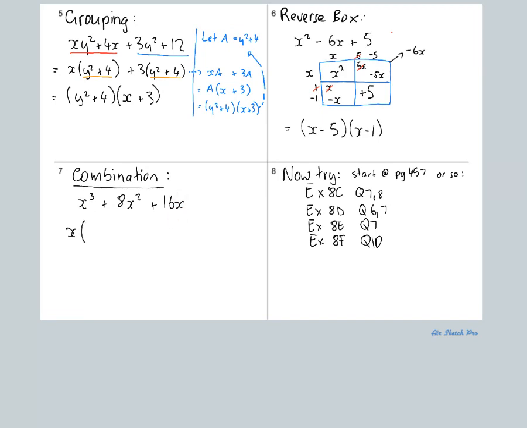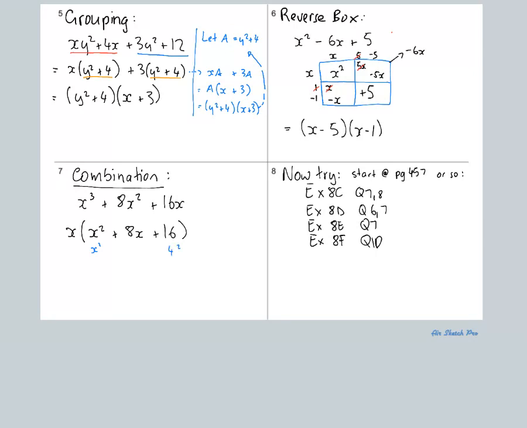So then I put my brackets out and I see what I've got left. I've got x squared, because x times x squared is x cubed, plus 8x, because x times 8x is 8x squared, and then I've got 16. Then I get a bit suspicious, because remember the next stage is: does it fit a pattern? My suspicion is that it fits a perfect square pattern, because I've got a square here and I know that 16 is 4 squared. So in my head, but you could do it literally on paper, I can say, okay, that's x squared and that's 4 squared.